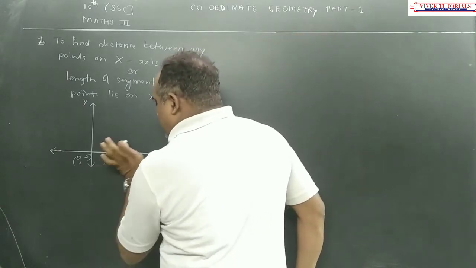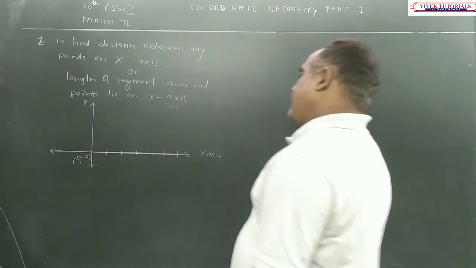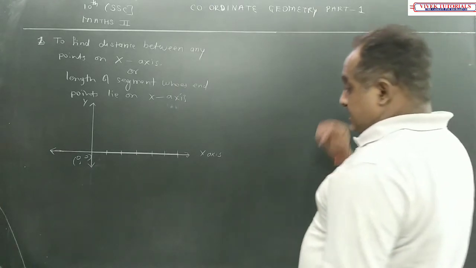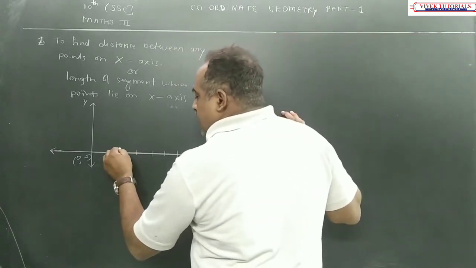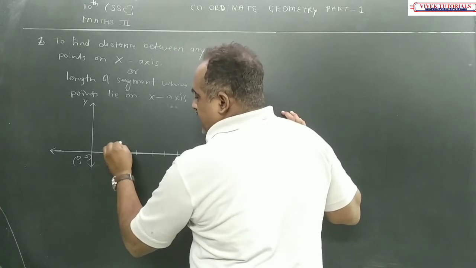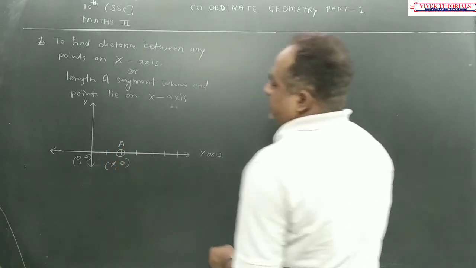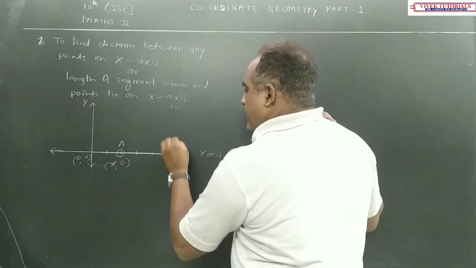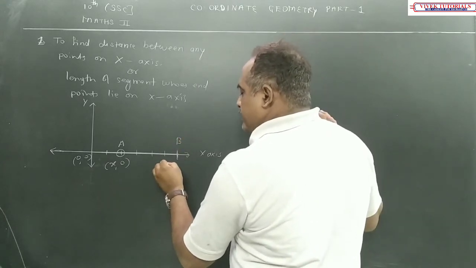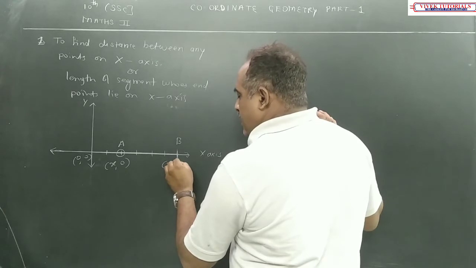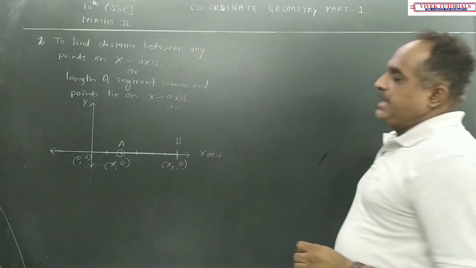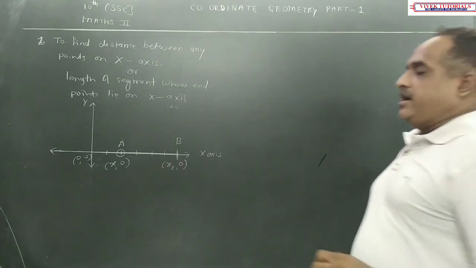All the points on the x-axis have coordinates x, 0. Suppose I take a point A whose coordinate is x1, 0, and this is point B whose coordinate is x2, 0. Is it right? Got it now?